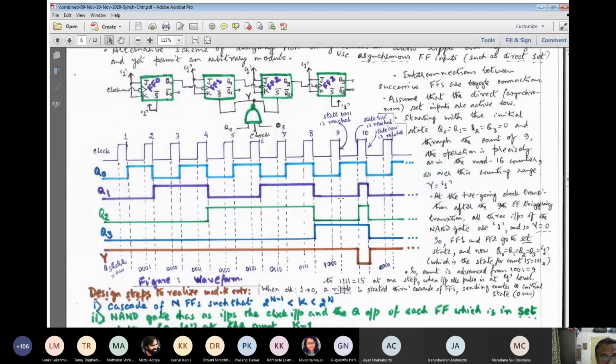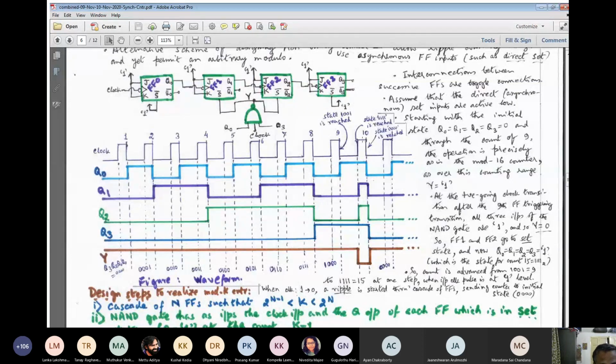But what will happen here? Depending on the on time of the clock, normally if you have to read the all-one state, we have to wait for what? That is only in connection with this 3-input NAND gate.